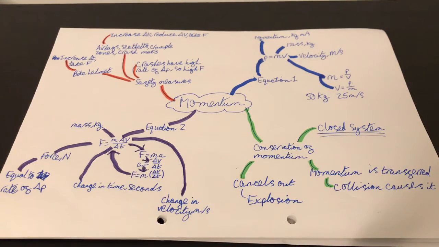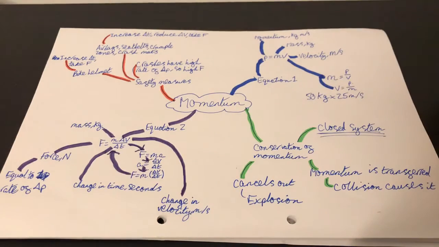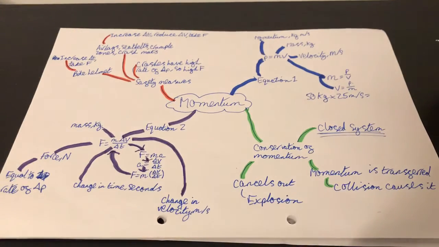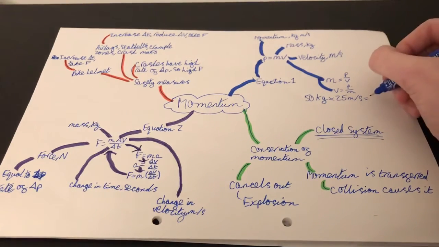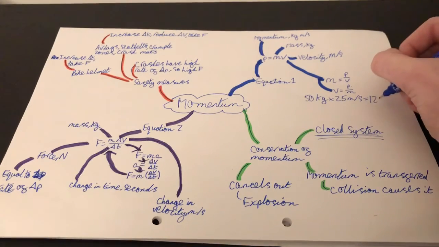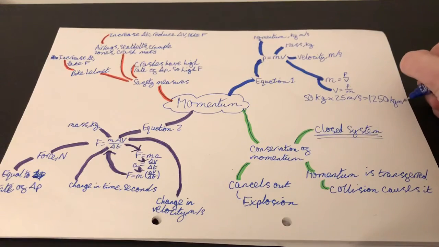Well, you'd substitute the values into the equation, and you'd have 50 times 25, which is the momentum, which is, just need to work this out, 1,250. And that is in kilogram meters per second.